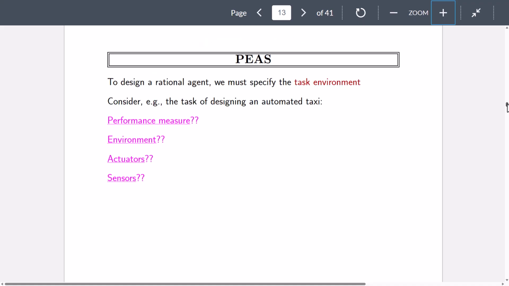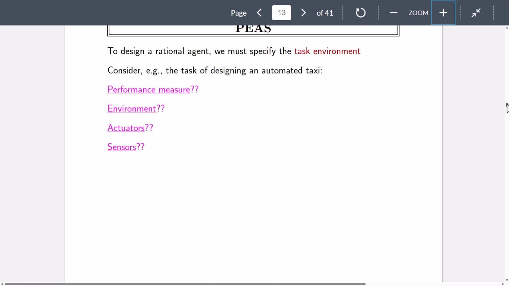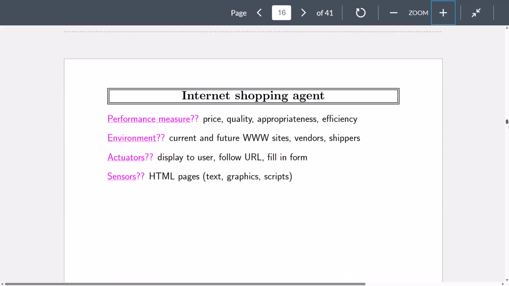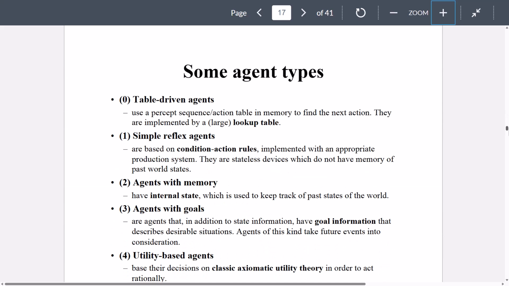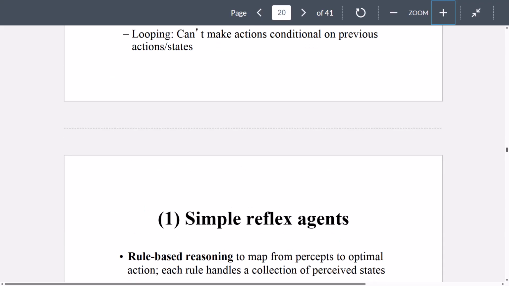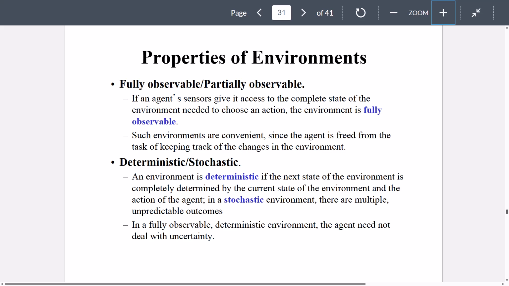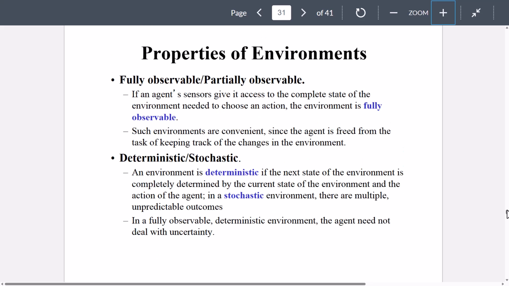There are multiple PEAS solutions, with some examples shared here for different intelligent agents. And let's move on to properties of environments, which is very important.